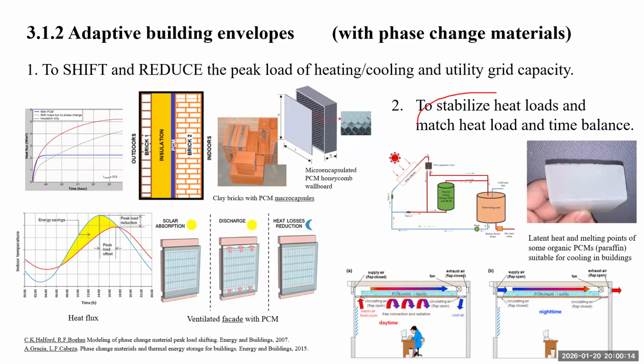It also helps stabilize the heat load and match heat. The phase change material acts as thermal storage to store heat, to lower the peak and also shift the peak to another time, through phase change material storage technology.